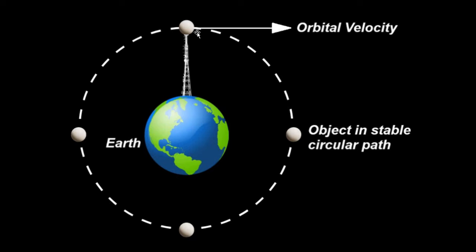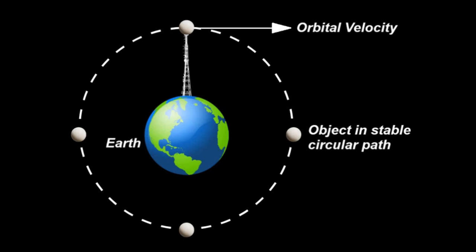That velocity which is imparted to the object outside Earth's gravitational field, the horizontal velocity, such that it escapes hitting Earth's surface and undergoes movement around the Earth in a stable orbit, is called the orbital velocity.